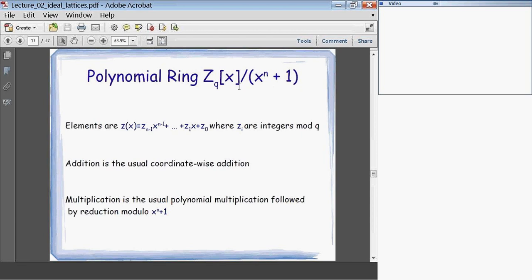So, we have a polynomial ring, and when the ring is formulated as Z with the subscript q, divided by x^n plus 1, this means that we have two modular operations, just like Kurt noted earlier. We perform the modular operation for q, and we also divide whatever polynomial we have by x^n plus 1. So in other words, we have a double modular operation as part of the polynomial ring. That's what this notation means.